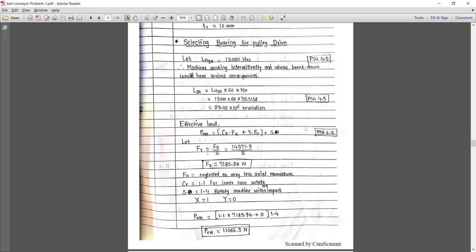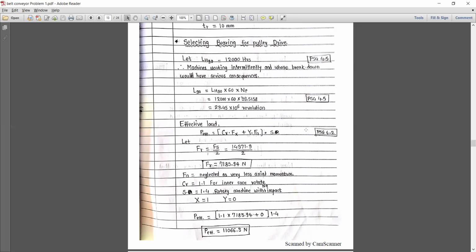We convert this life in hours into million revolutions. So L90 is equal to L90h into 60 into N. What do we get? L90 is equal to 23.45 into 10 raised to 6 revolutions.